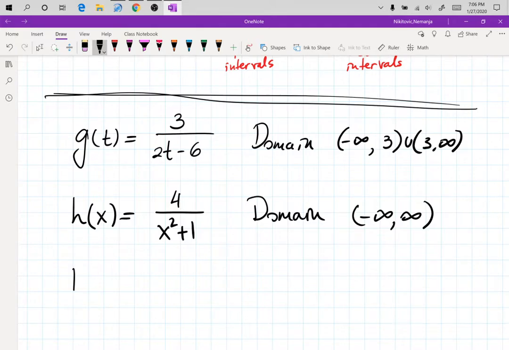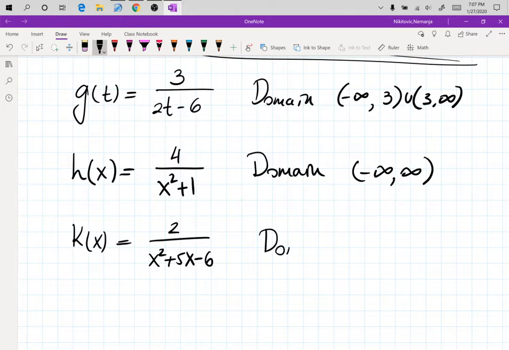Say you have a k of x function, and this function is, let's say, 2 over x squared plus 5x minus 6. Let's say that's it. What you can do to find the domain is take this x squared plus 5x minus 6 and set it equal to 0. You force that one to be 0 to find the bad numbers, and then you kick them out.